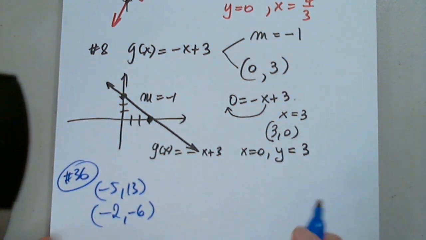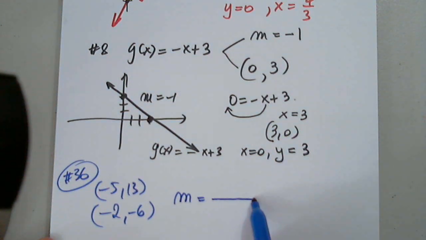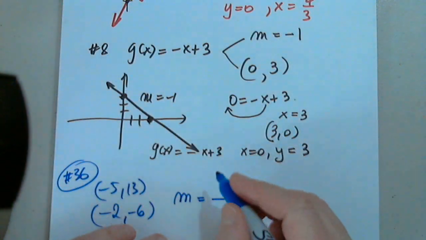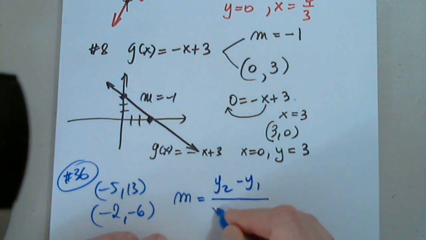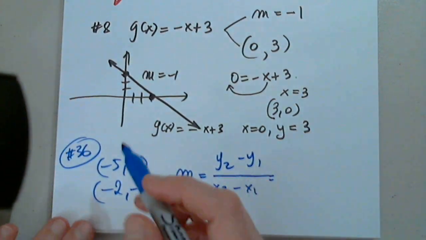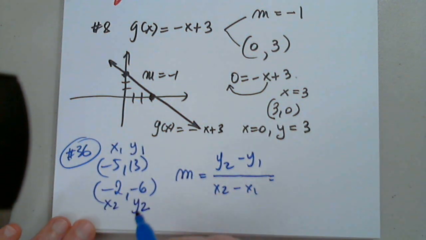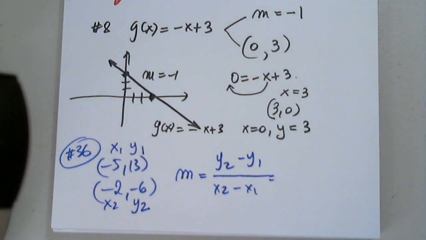We need to find our slope. Excellent. Thank you, Yulia. We know we should always write the formula: y2 minus y1 over x2 minus x1. We should always label them: x1, y1, x2, y2, so we don't make an error.